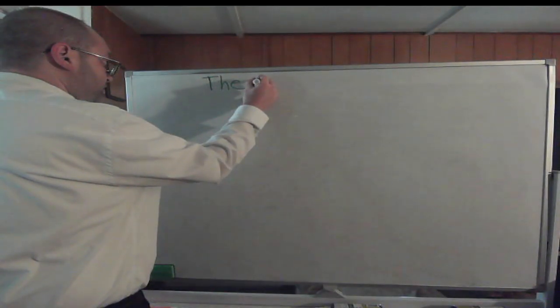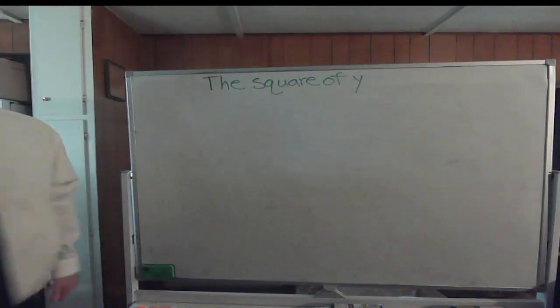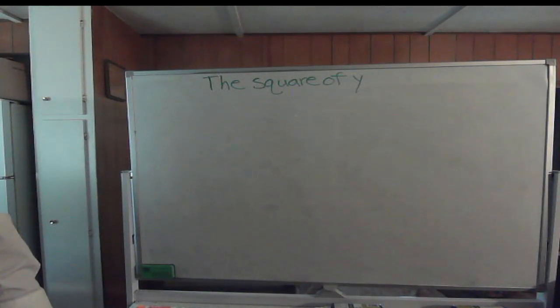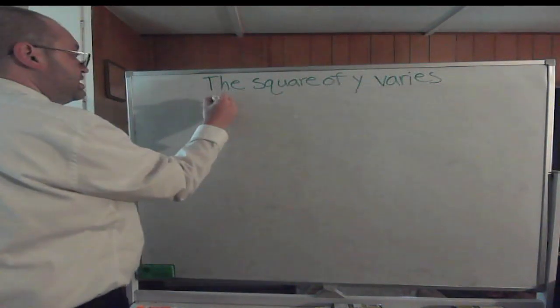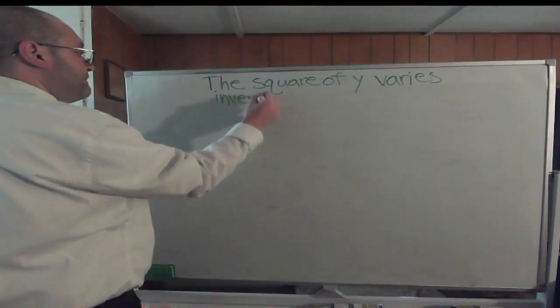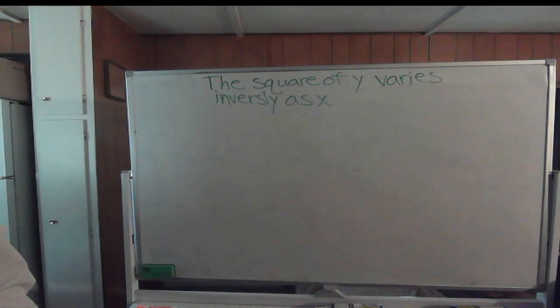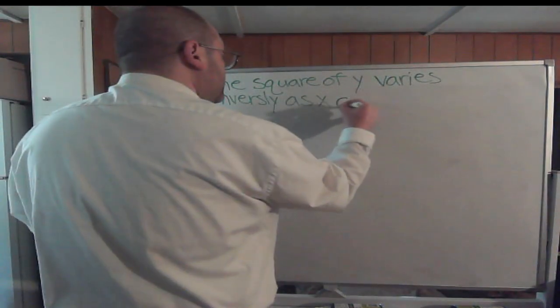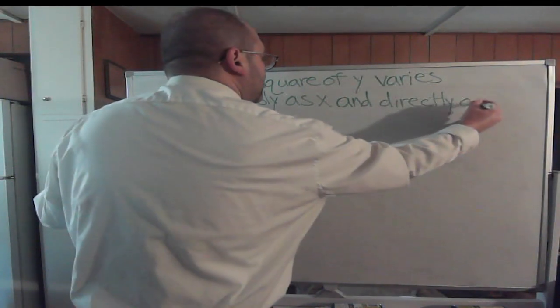Alright, let's do one more. Let's see. The square of y varies inversely as x and directly as z.